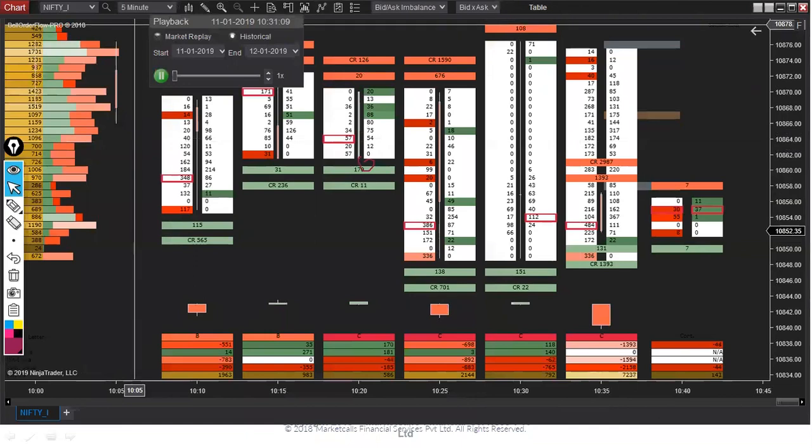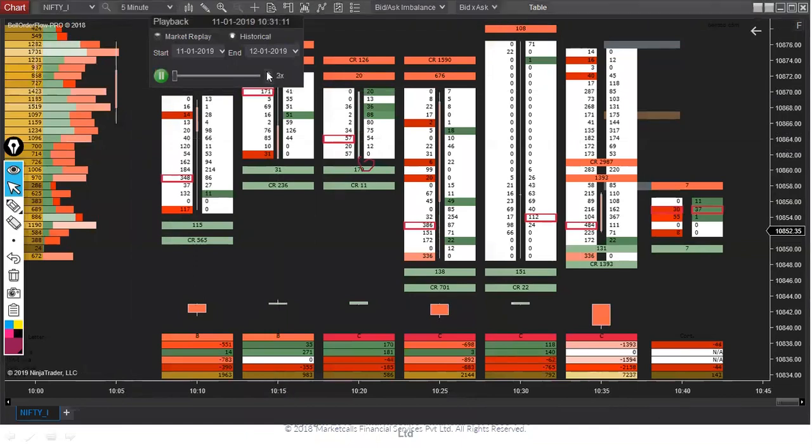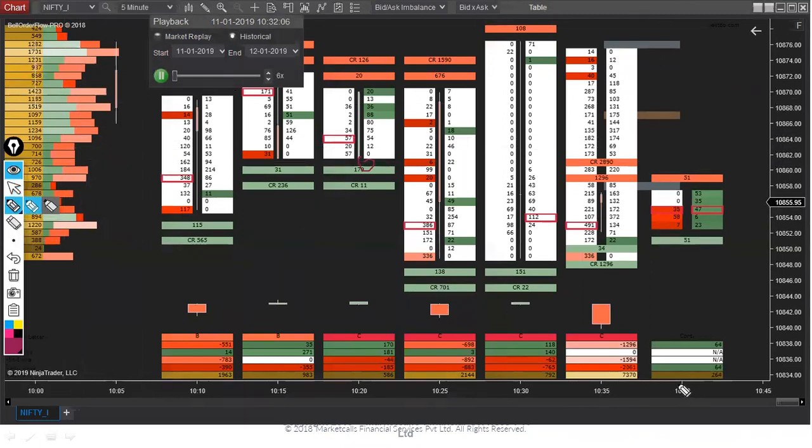This is a 5-minute chart. I'm going to run it at 5 times the market speed. Okay, 6 times the market speed, so that we get momentum. So in that particular 5-minute candle, this is around 10:40.